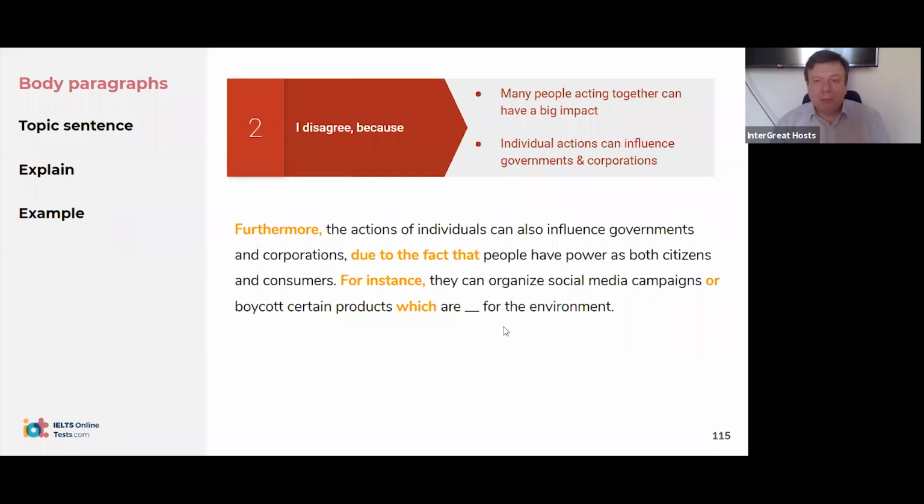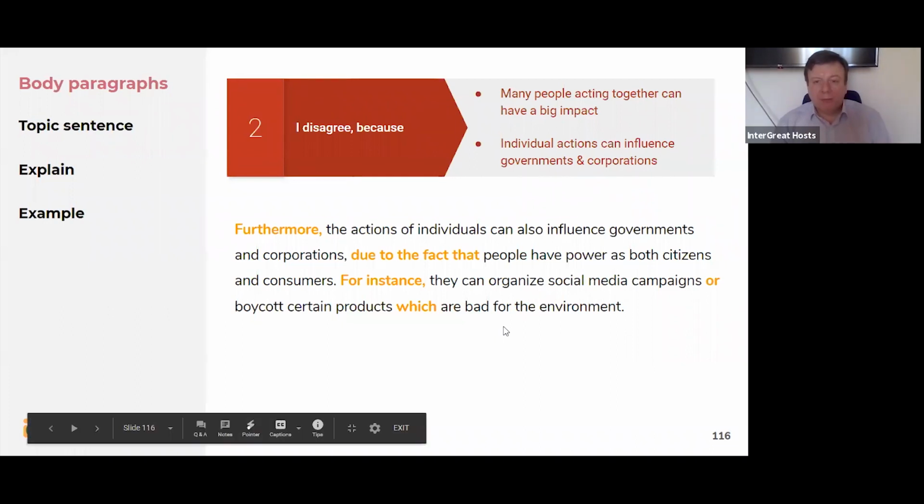Detrimental, all right. Bad for the environment.